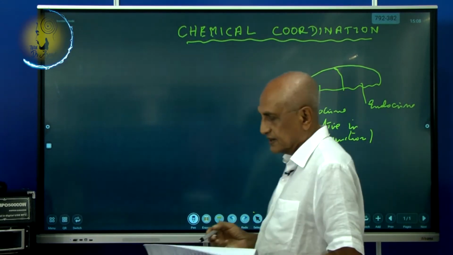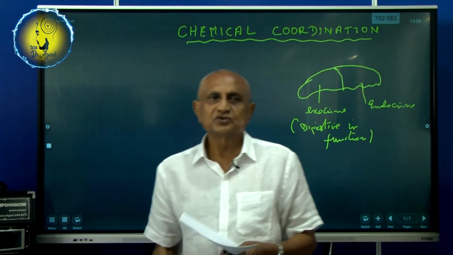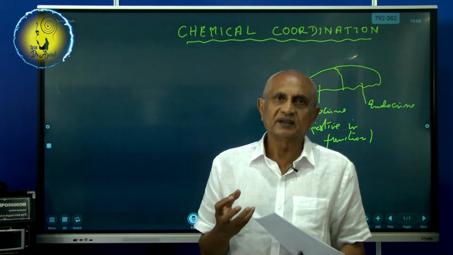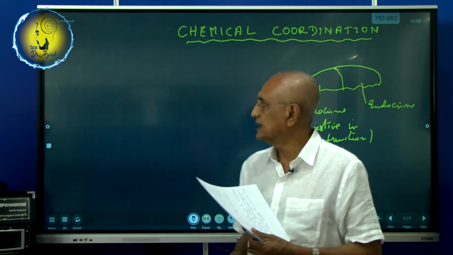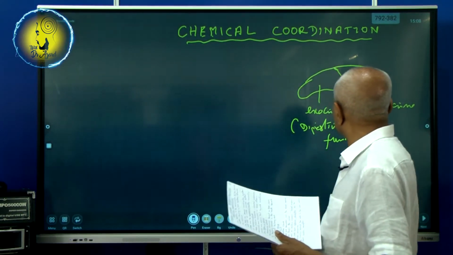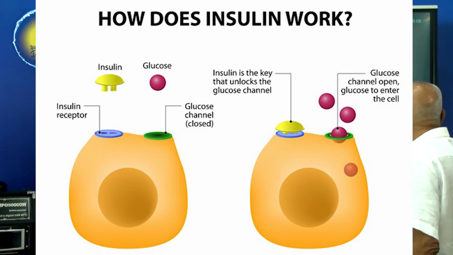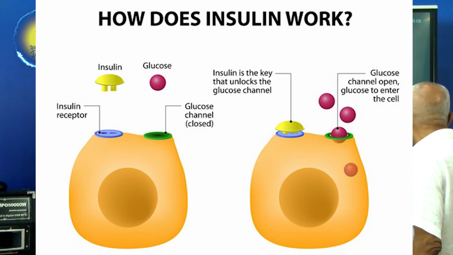Now what is this pancreas doing? It is controlling our sugar in the blood. Now this is what the endocrine part is doing. What do they do? It is secreting insulin.